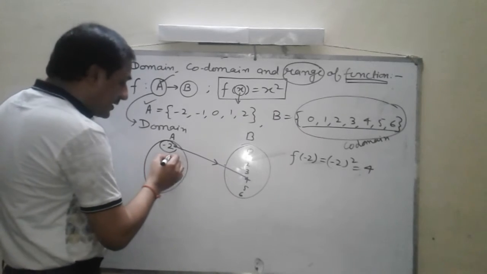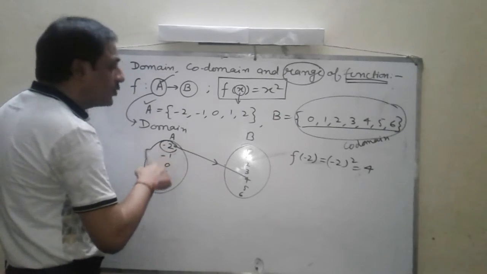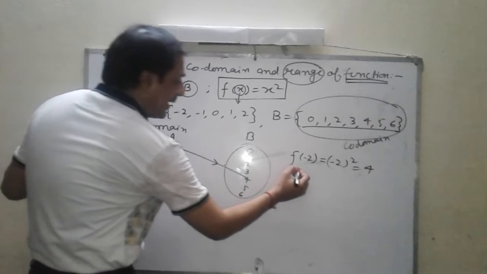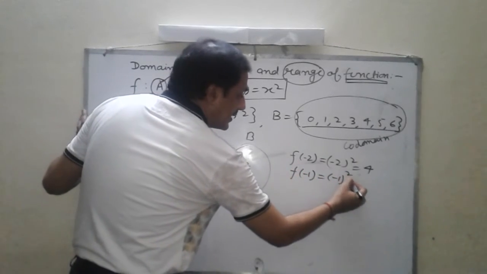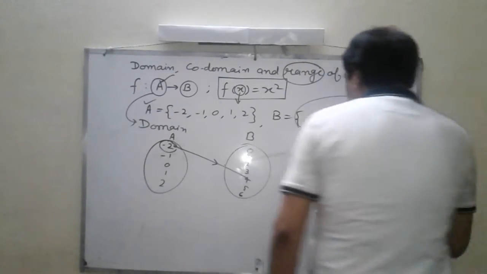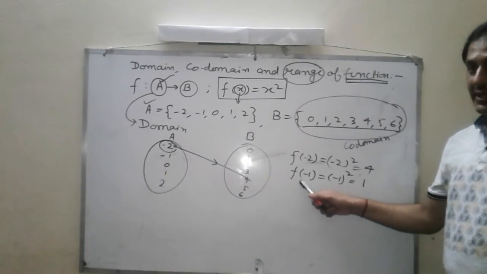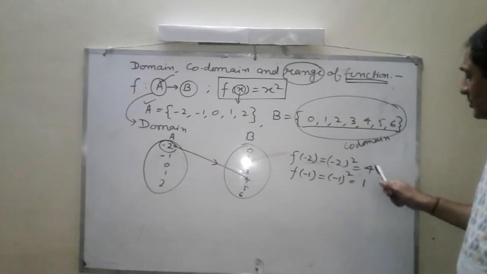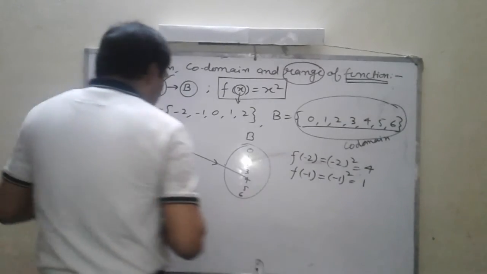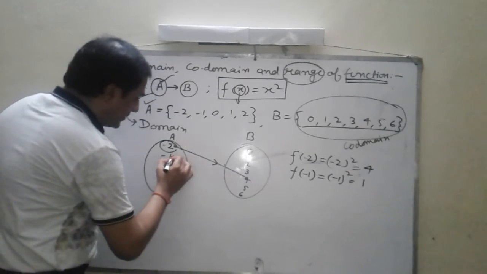The next value, if we put x equal to -1, it will become 1. Here the image of -1 is 1 and the image of -2 is 4.